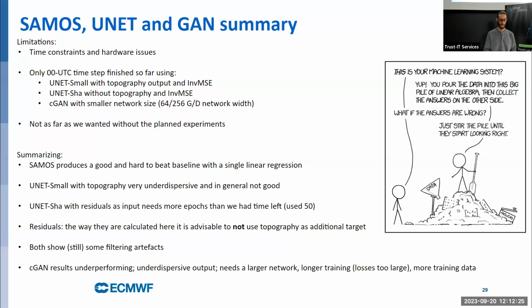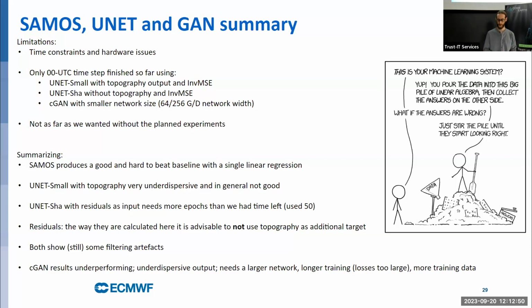So in the U-Nets, it produced better results to not use the topography. We still had some filtering artifacts in the U-Nets. And finally, for the conditional GAN, the results were still underperforming compared to SAMOS, and the output was sometimes a bit under-dispersive.